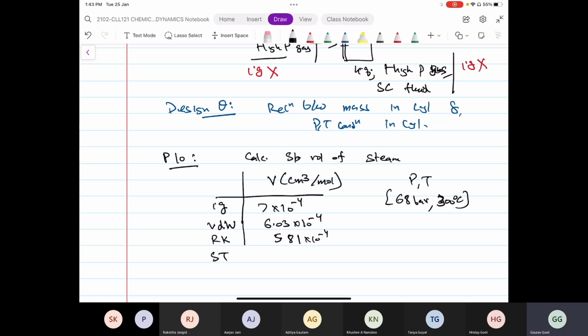And if I use steam tables for superheated steam, those are the most accurate answers. So from steam tables, I get this value. So you can see even ideal gas was not too shabby. It was not too bad. But clearly there is a difference.